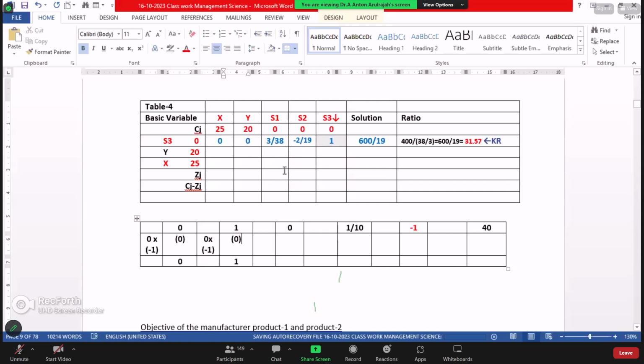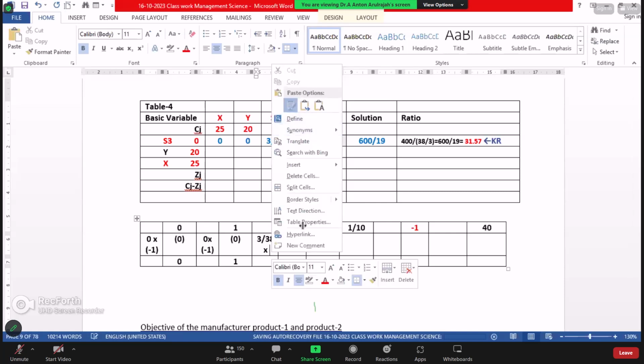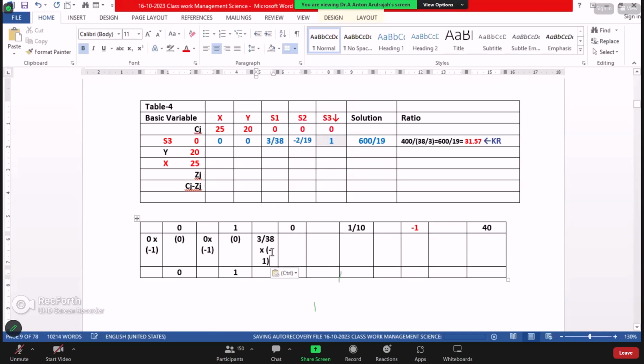So then 30 by 3 by 38 has to multiply by minus 1. And that is minus 3 by 38.